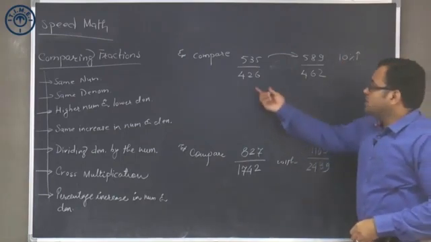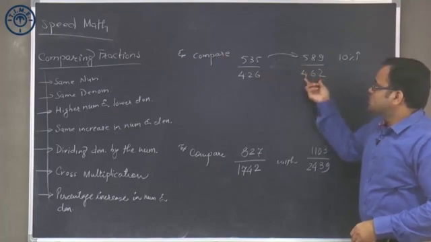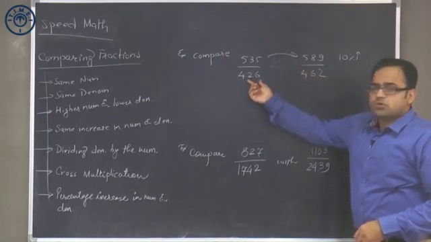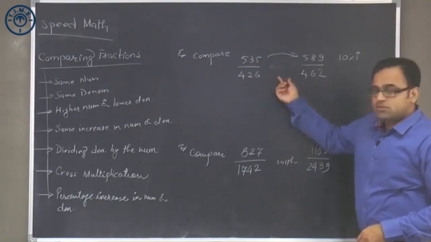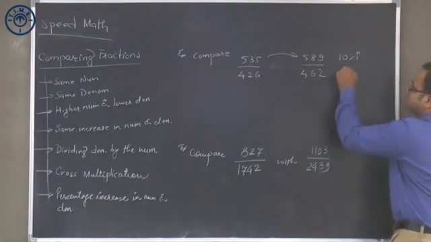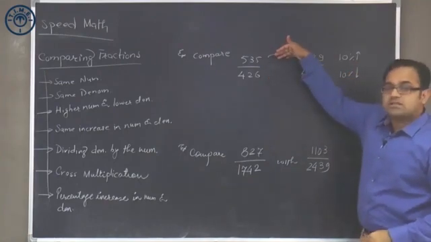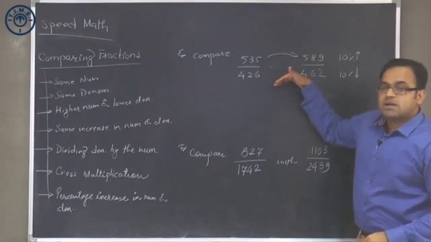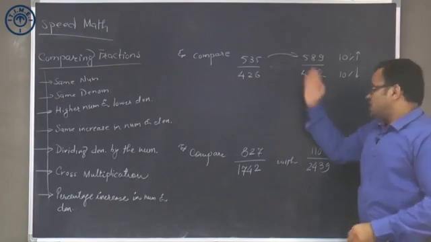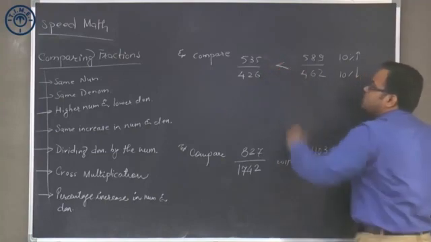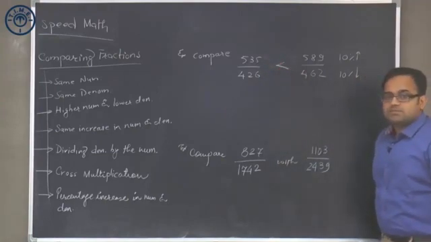Whereas if I look at the denominator, 426 to 462, the difference is 36. This increase is less than 10%. If the numerator is increasing by a larger quantity, the denominator is increasing by a smaller quantity, then the second number will be greater than the first number.